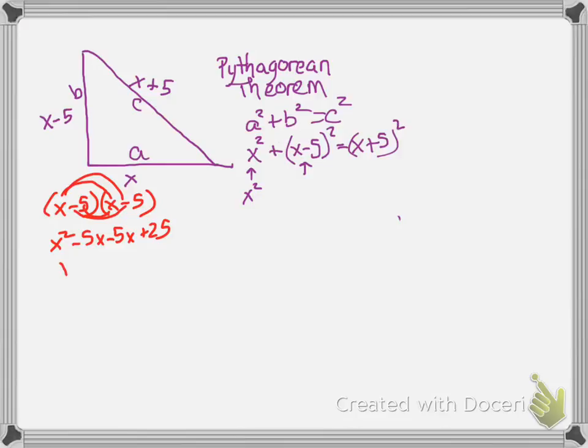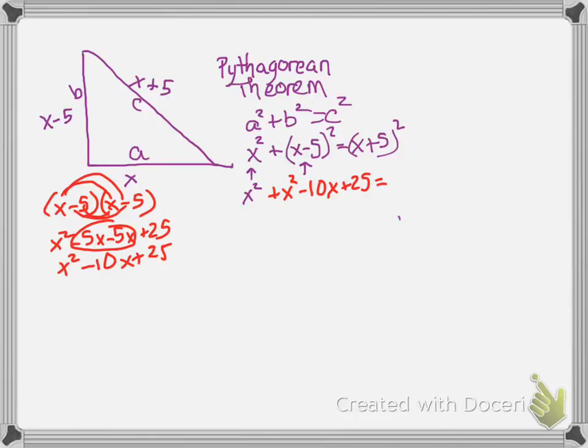So if I combine the like terms right here, negative 5x and negative 5x, I get negative 10x plus 25. Now if I go back over to my equation, I can write that in here. So plus x squared minus 10x plus 25.